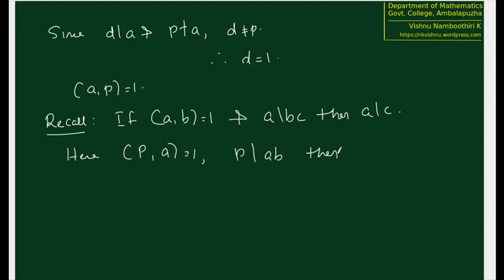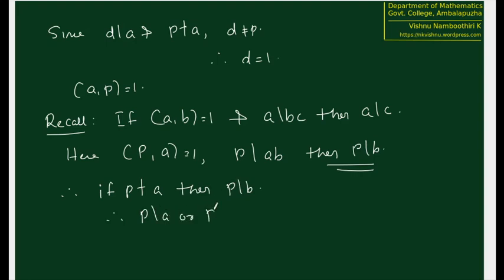So from the above statement, GCD of A and B equal to 1 and A divides BC implies that A divides C. So GCD of P and A is equal to 1, P divides AB, therefore P divides B. So if P does not divide A, then P divides B. Therefore P divides A or P divides B. So we are done.